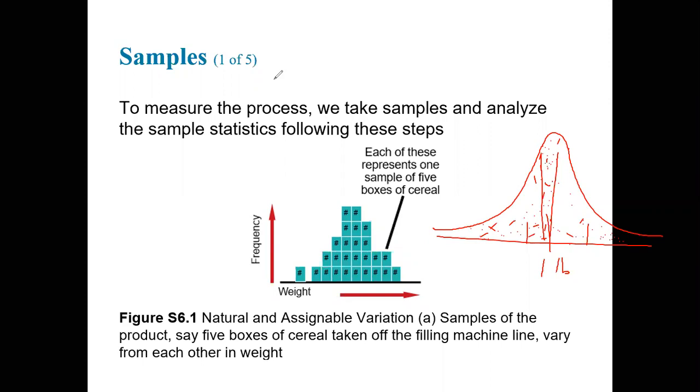So we want to ensure that our processes fall within some range, and to ensure that we don't have product falling into this low and upper regions here, because in those instances, we're either losing money or we are possibly losing customers if they feel that we're shortchanging them, okay?